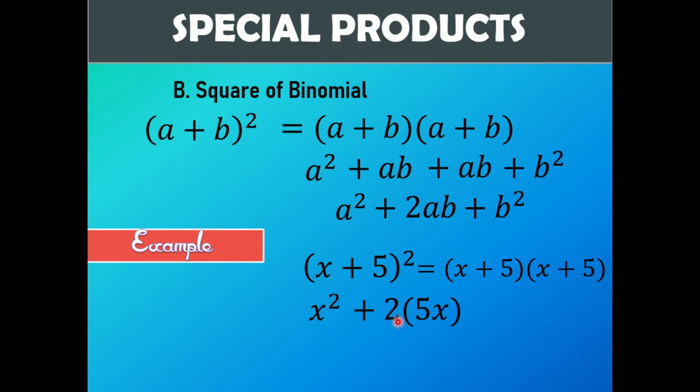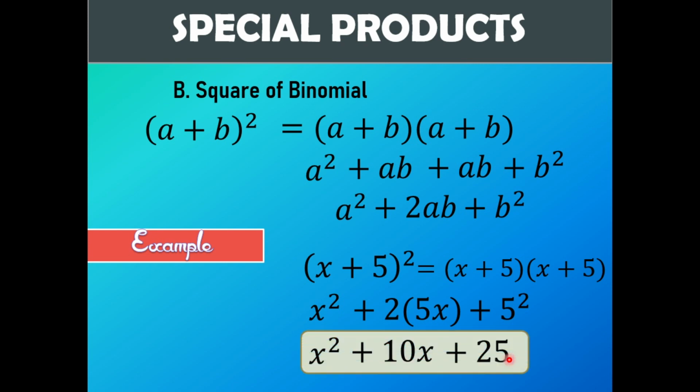We will have 2 times 5x plus 5 squared. To simplify this, the final answer is x squared plus 10x plus 25.